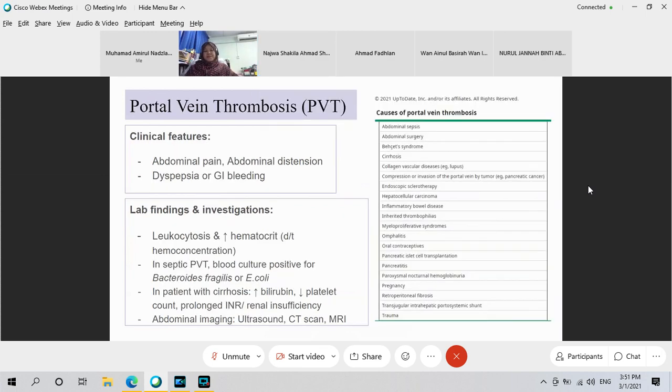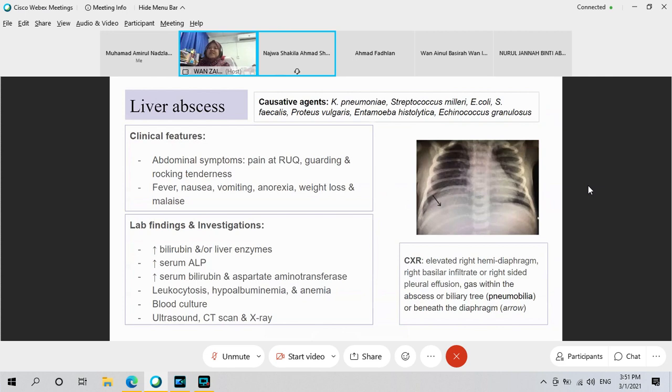Look at the X-ray, very interesting there. Tell us a bit about the X-ray. For the X-ray, you can find there is elevated right hemidiaphragm and right basilar infiltrate or right-sided pleural effusion. Why does it become like that?